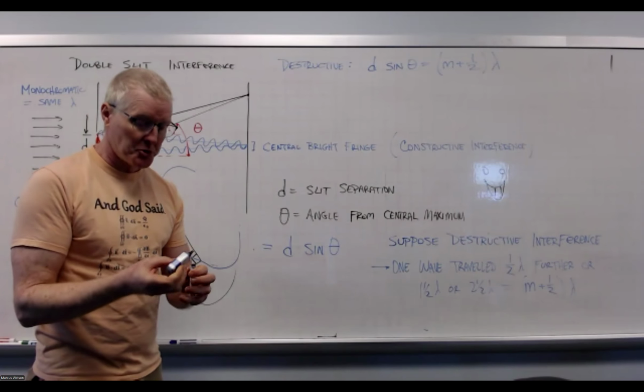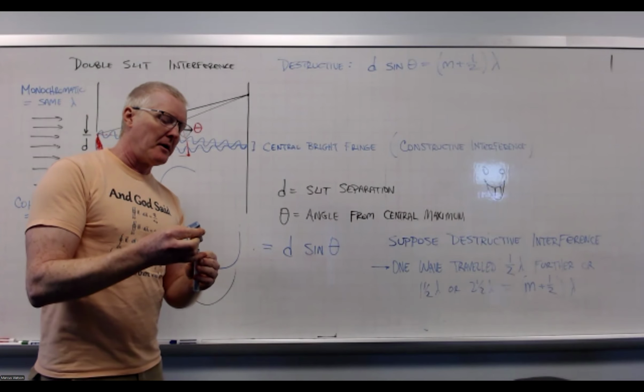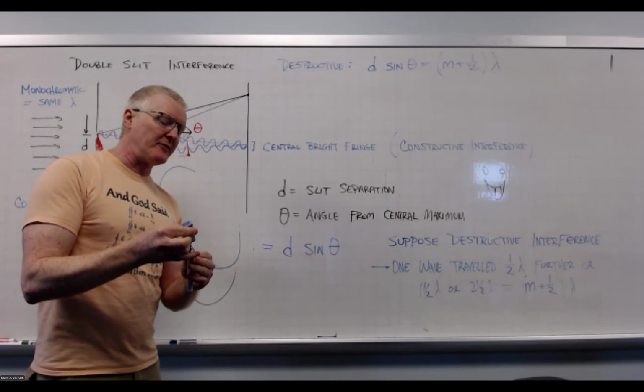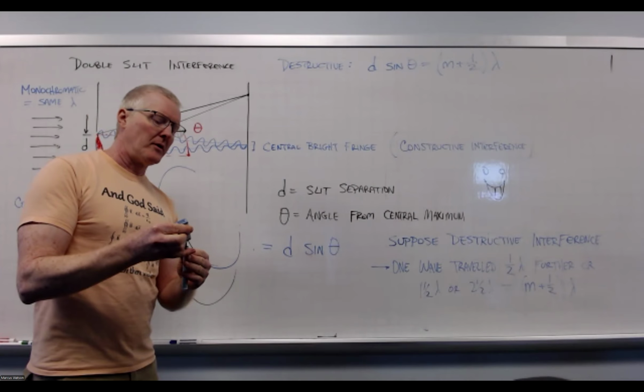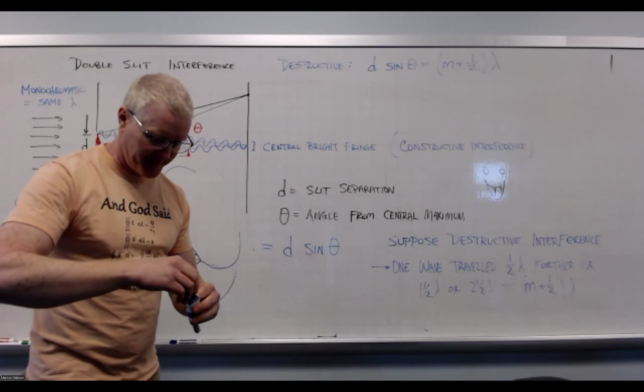If I have constructive interference, what do you suppose is going to happen? Is the path length different? Or should I say, is the path length difference different?